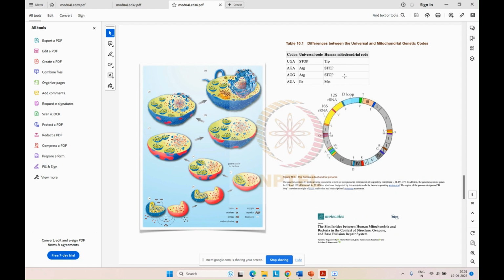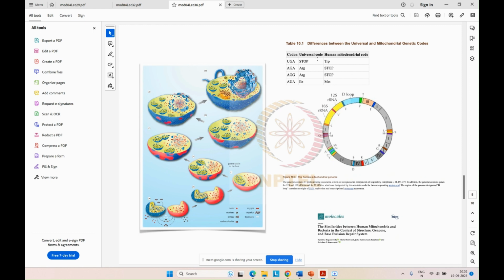Similarly, AUA, which is supposed to code for isoleucine in the case of normal cytoplasmic ribosomes, codes for methionine in the case of mitochondria. These are sort of reminiscent of what the bacterial codon looks like.